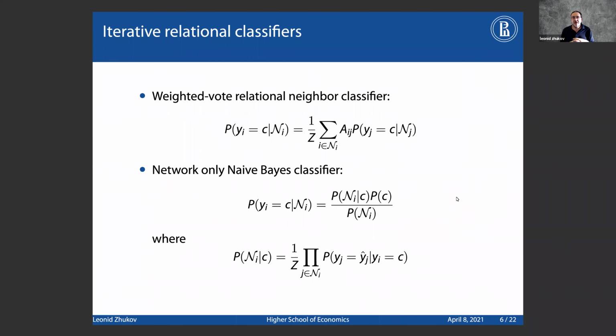One way is to take the neighbors' probabilities of belonging to a particular class and average them out, summing over the neighbors of the node. Or, in a naive Bayes kind of view, it's also going over the nearest neighbors, and the probability of the node belonging to a particular class depends on the probability of the neighbor belonging to that class, and then you multiply those probabilities, so that you'll be consistent with the probabilistic approach.